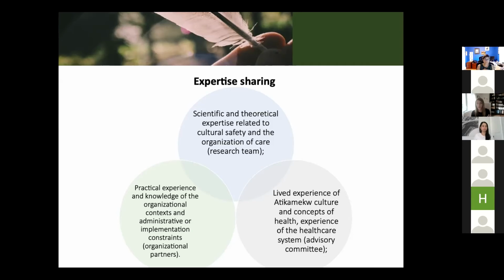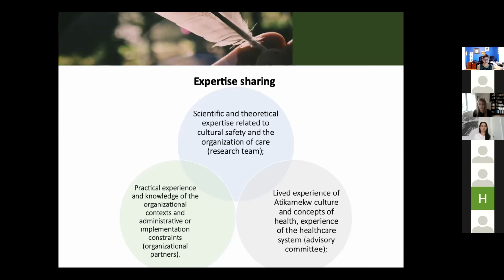Because I forgot to mention, the advisory committee is formed of representatives of each of the communities and the Atikamekw Nation Council. So there is someone who also represents the Atikamekw Nation Council.